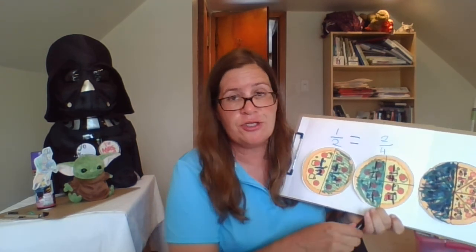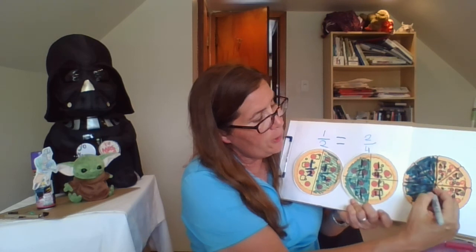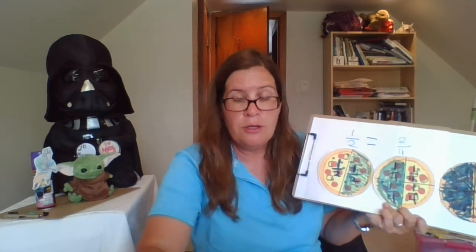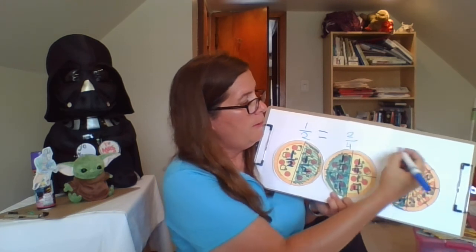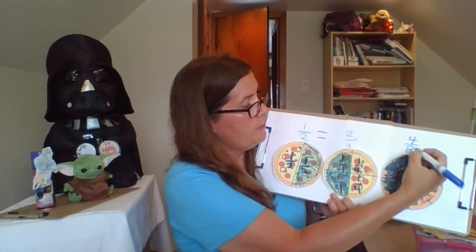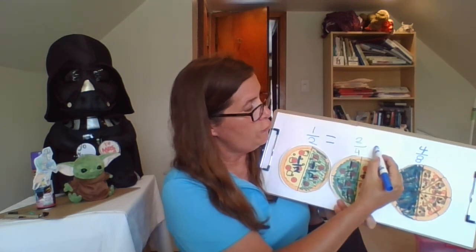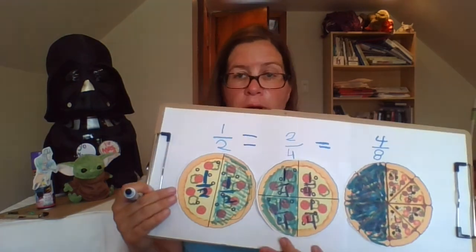That's a good observation, Darth Vader. You're right. To understand equivalent fractions, all you do is look at the shaded part, make sure that they're the same. So now we know that 4/8 is equivalent to 2/4, and 4/8 is also equivalent to 1/2.